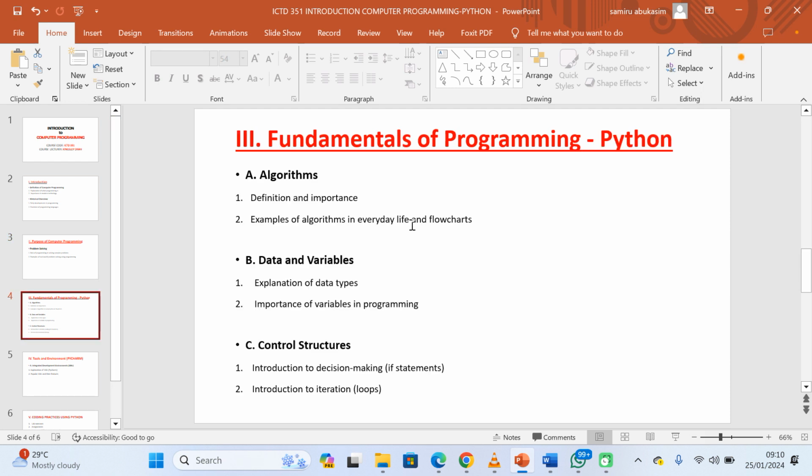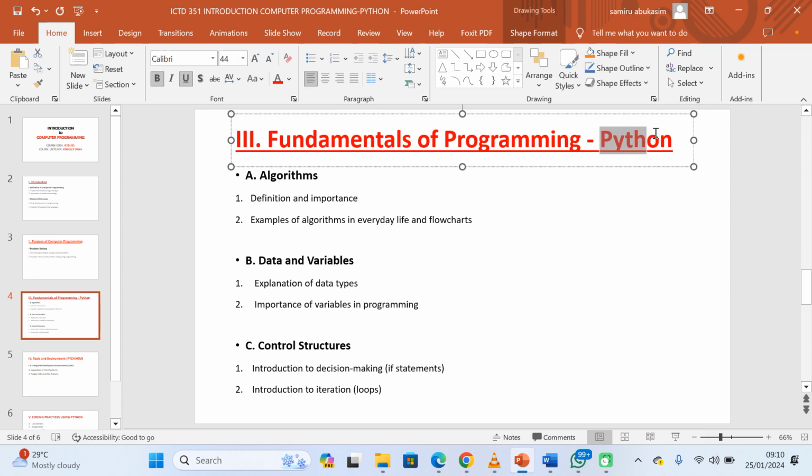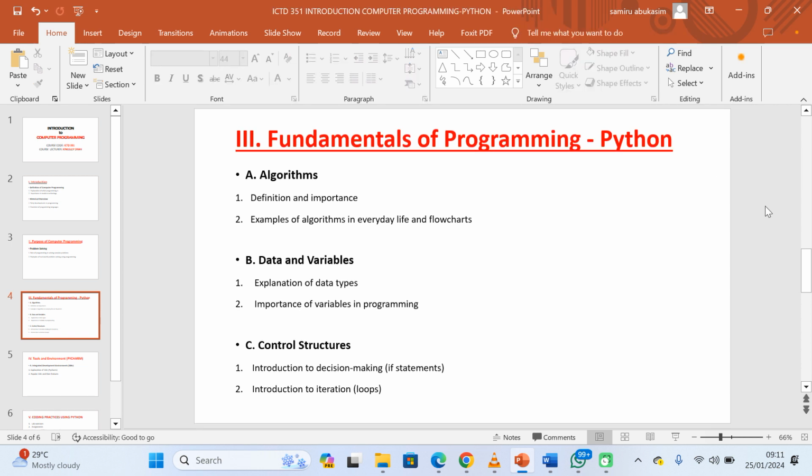Then we'll be focusing on the programming language Python. The Python here is not a snake. It's actually a programming language that we are going to learn, and it's very powerful. It's also easy to understand, and as math students or mathematicians, some of you may dive into what we call data science.